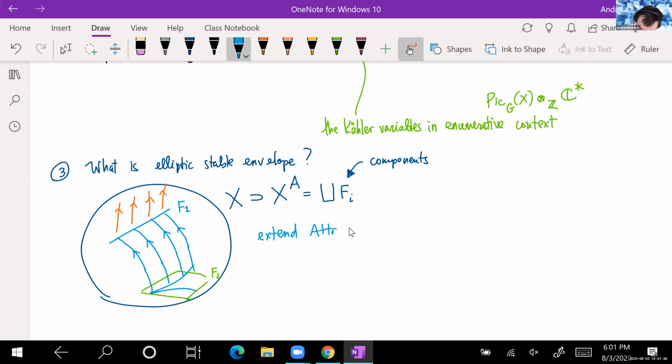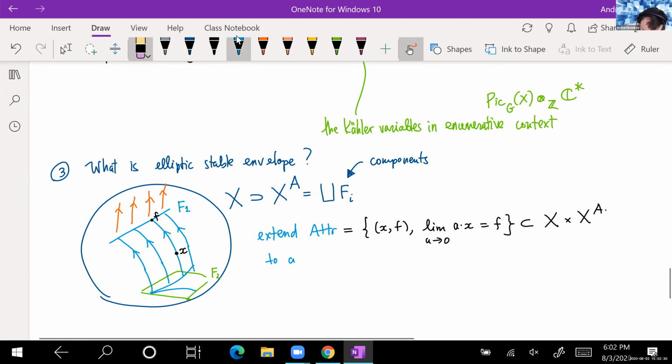Let me write out the definition: the attracting manifold is the set of pairs of some point X and some fixed point F, such that the limit as a goes to 0 in some specified way of a times X equals F. That's a submanifold inside X cross the fixed locus, and canonically, this will come automatically with a cohomology class, an elliptic class.